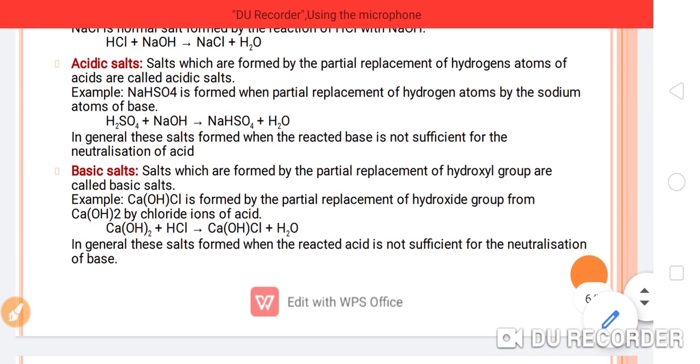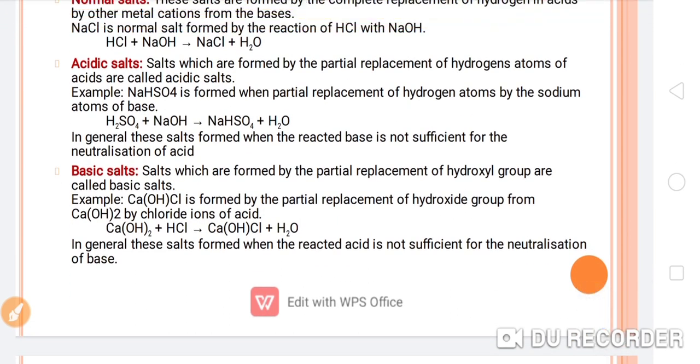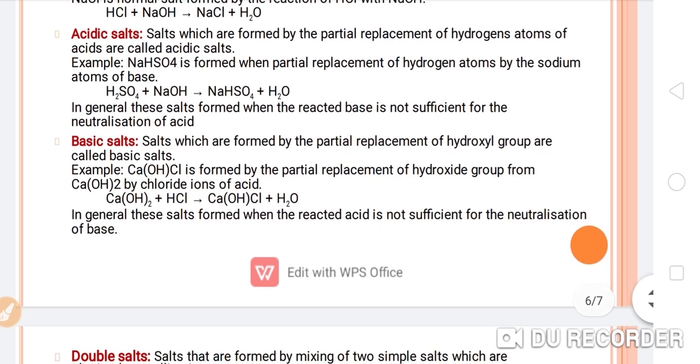Now next, basic salts. Salts which are formed by the partial replacement of hydroxyl groups are called basic salts, similar to the acidic salts. Example, calcium hydroxychloride is formed by the partial replacement of the hydroxide group from the calcium hydroxide by chloride ions of the acid. So here you can see the example.